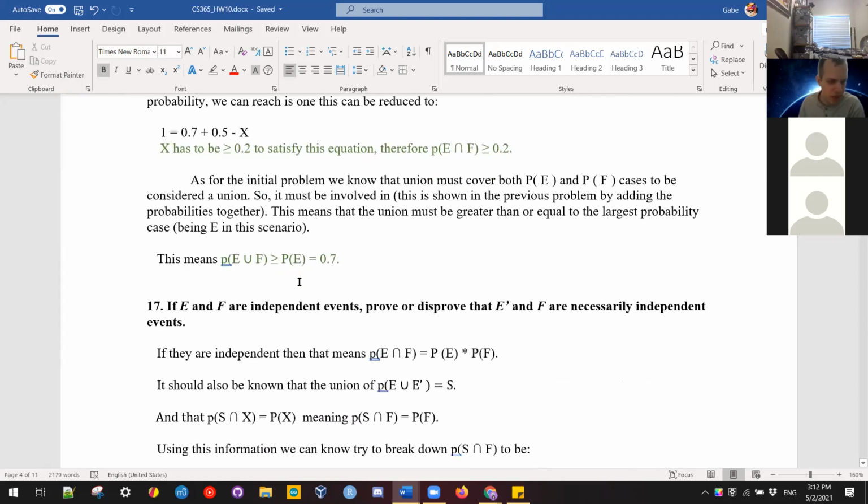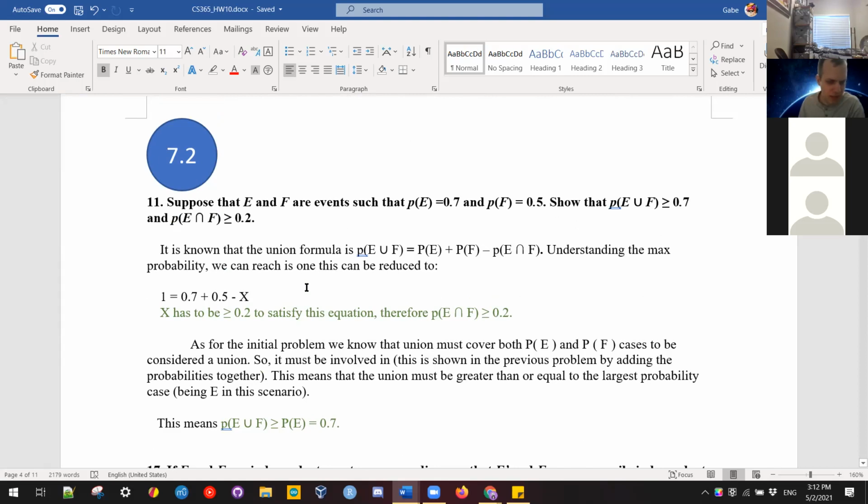I went about mine a slightly different way, but it gets to the same end. I actually did mine backwards from what Gabriel did. I did the union first, because I figured that was easier: the union has the same value as an individual element, and you're adding on to that. So it has to be at least that much because it's composed of it.